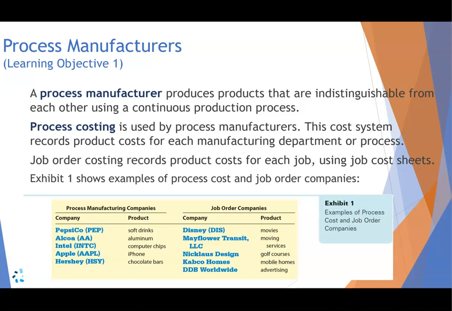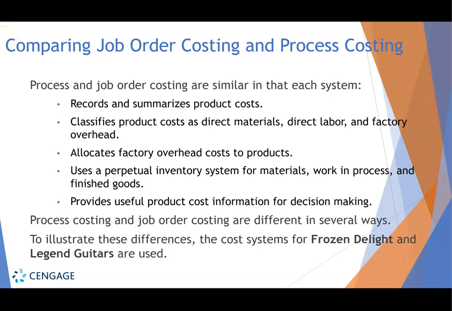So you see the type of products that flow through process costing are pretty much indistinguishable from each other. With job order costing, you see companies such as Disney when we're talking about movies, moving services, golf courses, mobile homes or home builders, and then advertising companies. So you see how they're quite different.